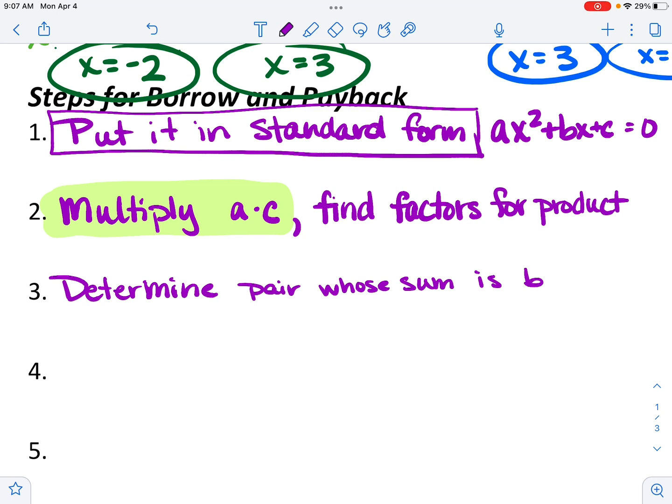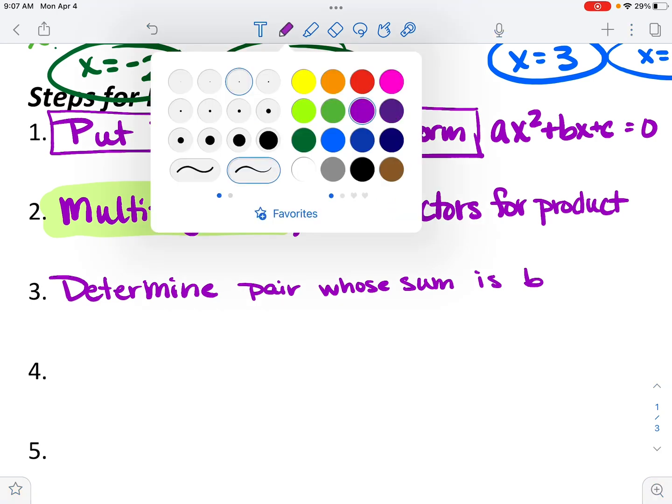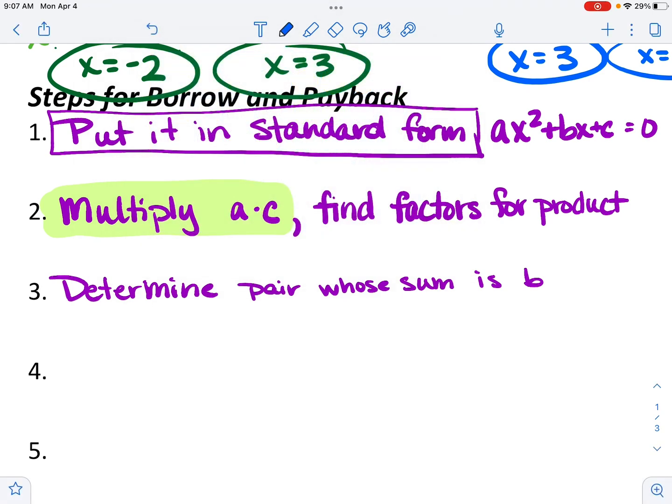So when we pay it back, what's the opposite of multiplication? Well, it's division. So we're going to write our factors as binomials.